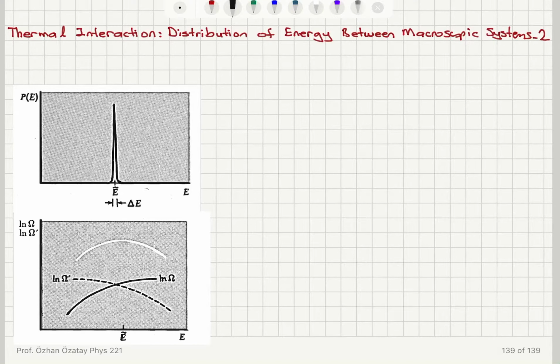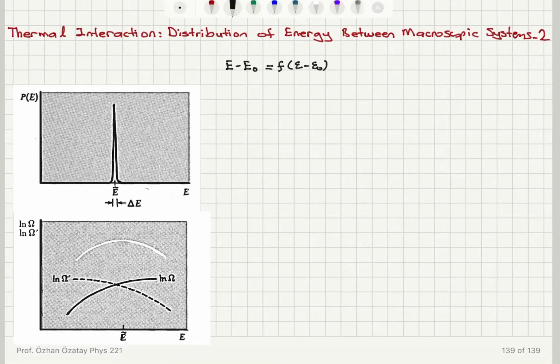For example, when we discussed the number of accessible states, we talked about the number of degrees of freedom and quantum numbers that contribute to the total energy. So we said a few things. One thing we said was the contribution to the total energy of the system, E minus E0, where E0 is the ground state energy, was equal to F, the number of degrees of freedom, times epsilon minus epsilon 0.